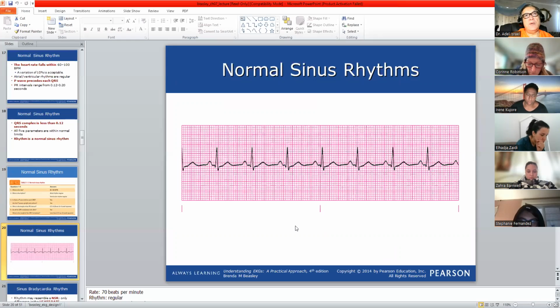And this strip only will guide you to answer 5 questions. And from now, you'll find that we have a chapter review and you have to work on this chapter review. I will credit everyone according to this homework. The chapter review is asking you how to go by these 5 steps, one after one. And once you're done, you will get the correct interpretation for the strip, which, like this one, you call normal sinus rhythm.